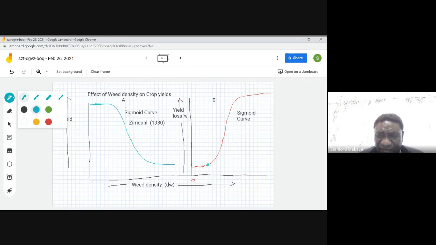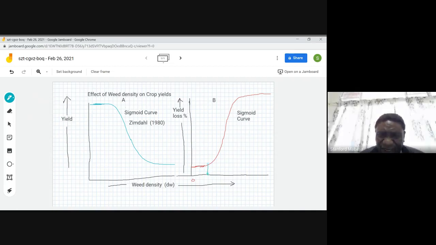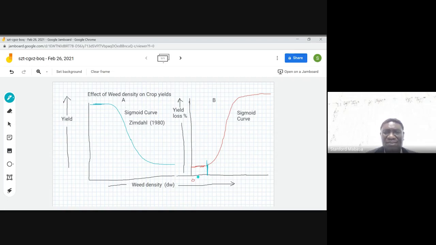So if we can mark this, in other words, if you were managing weeds, as long as the weed density is around here, probably there's no need for weed control.